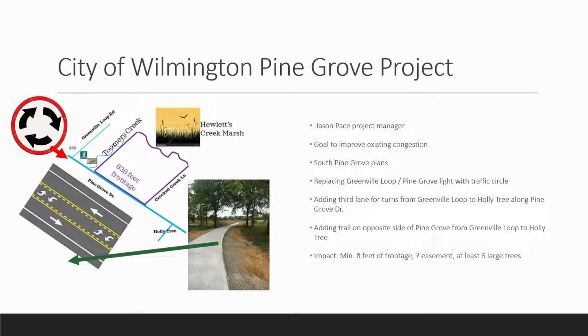The impact of this, unfortunate, but we support the project, is that we'll lose 8 feet of frontage and some additional property because of easement. And we know so far the plan is to remove at least 6 large trees, 3 on the 913 property and 3 on what would be the 909 property, really because of the Duke easement and where they're going to change and replace the electric poles.